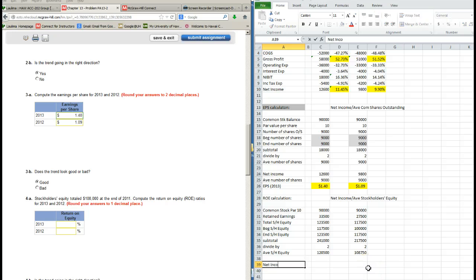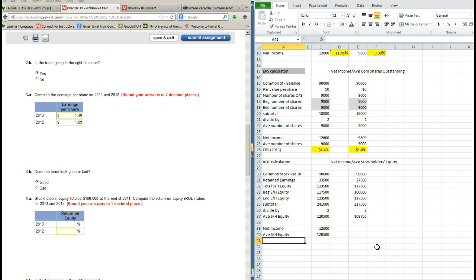And the calculation is similar to what we did in number 3. We take our net income for 2013, which is 12.6. In this one, to calculate ROE, or return on equity, we divide by average stockholders equity, which is this amount, 120,500, and our ROE for 2013 is calculated by taking net income and dividing it by average stockholders equity, and that number is 0.104.